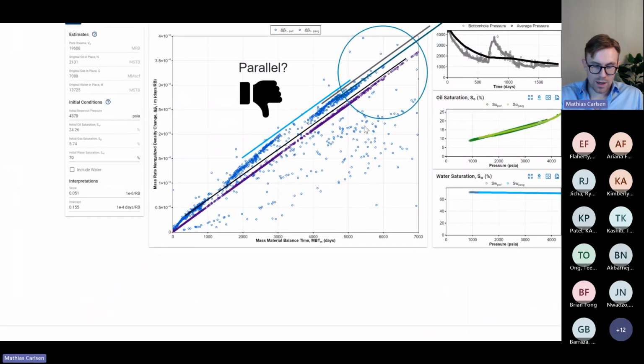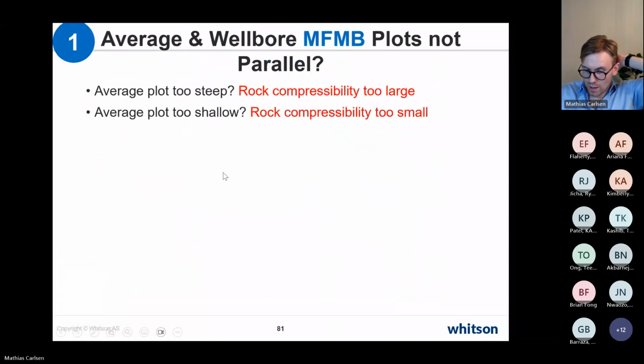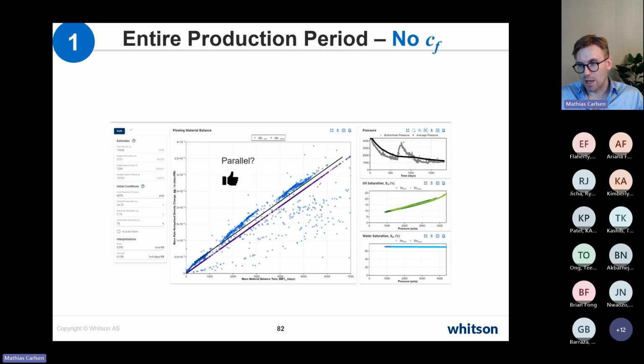So when these two are not parallel, they indicate something. If the average, basically the purple line, is too steep, then the rock compressibility is too large, and if it's the vice versa, the rock compressibility is too small. So what they did was that they updated the interpretation to reduce the rock compressibility in this case compared to the default, and the lines became parallel again.